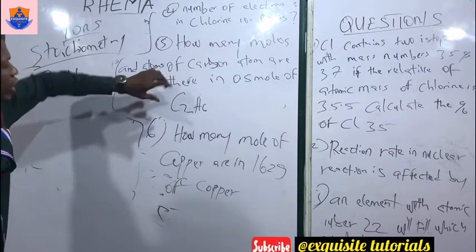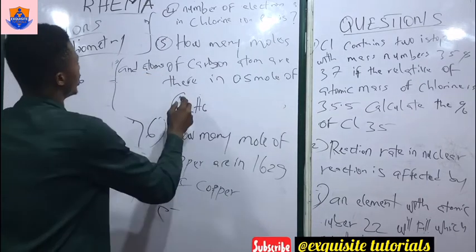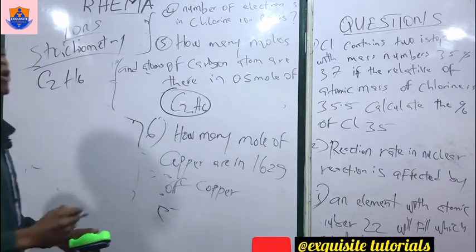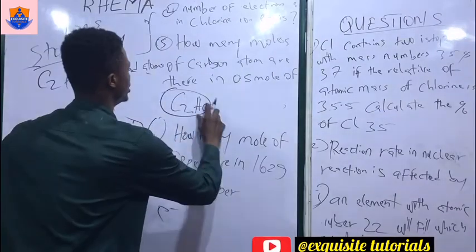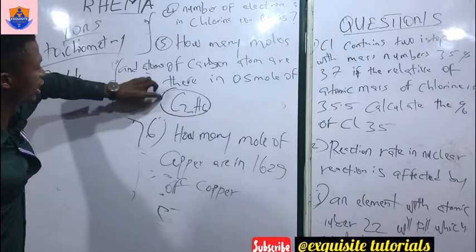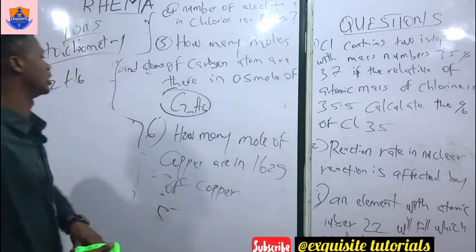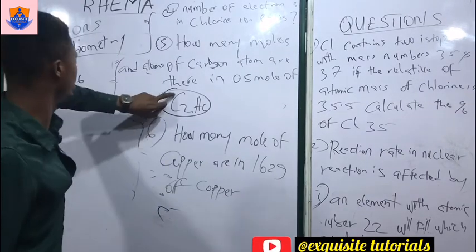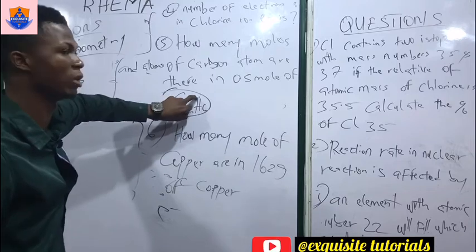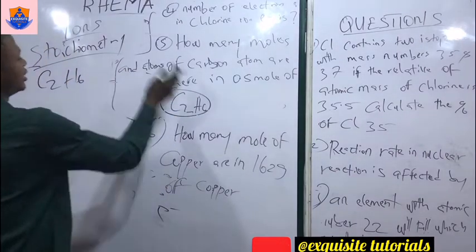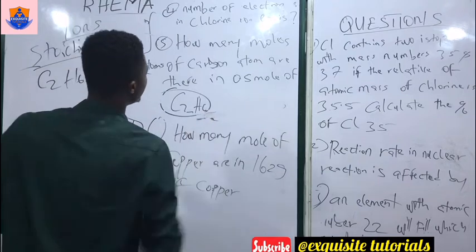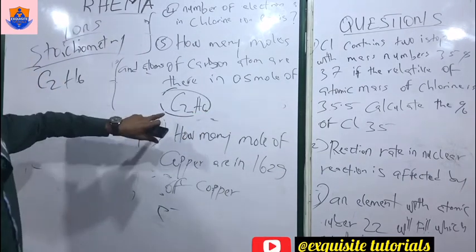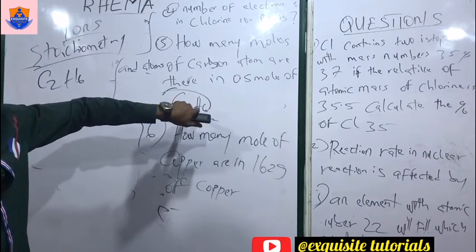Now, this in general represents the compound. This one represents the elements. Here, there's no number attached, so it's the same thing as 1 mole. But generally, there's no number attached to the compound like this, so it means that this compound is 1 mole of ethane.